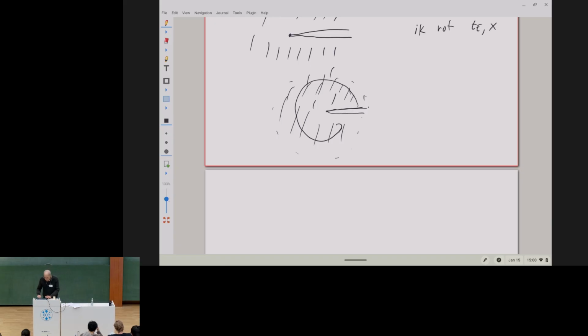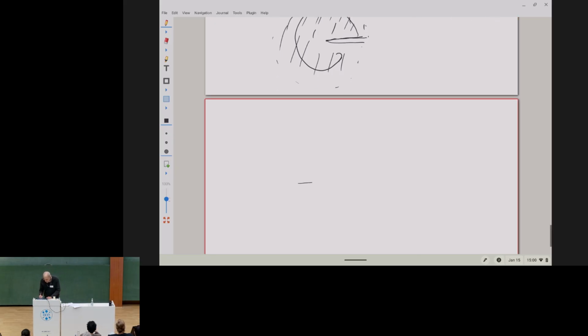So suppose we wanted to rotate it through a general angle. If we rotate it through a general angle, we'd have this kind of region, a wedge, let's say, of opening angle theta.